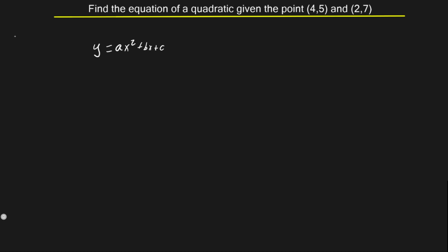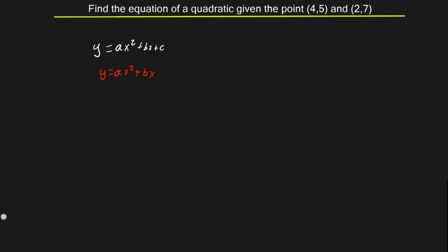So when we have only 2 points, we're going to have the quadratic y is equal to ax squared plus bx, since we can't have c because we would need to find 3 different variables. We're going to find the equation for this quadratic by plugging in our points.